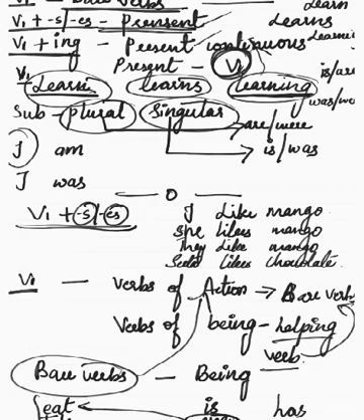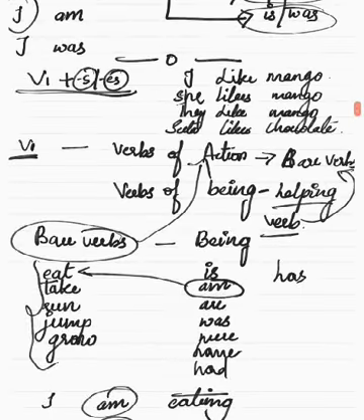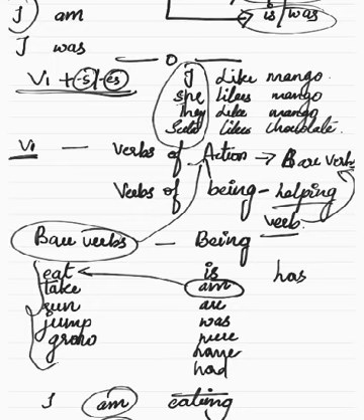If the subject is singular, we use is or was. If the subject is plural, we use are or were. So when all the subjects are singular or plural, it goes accordingly.